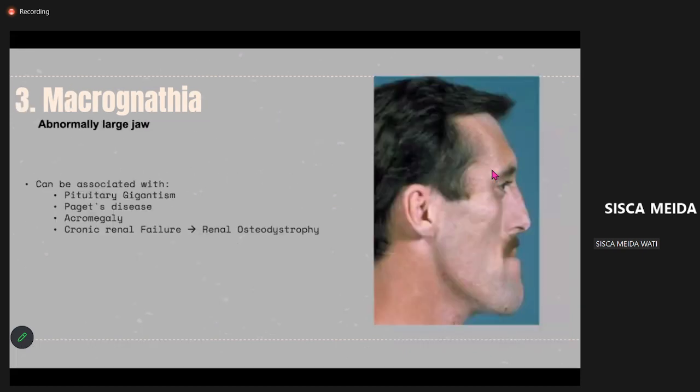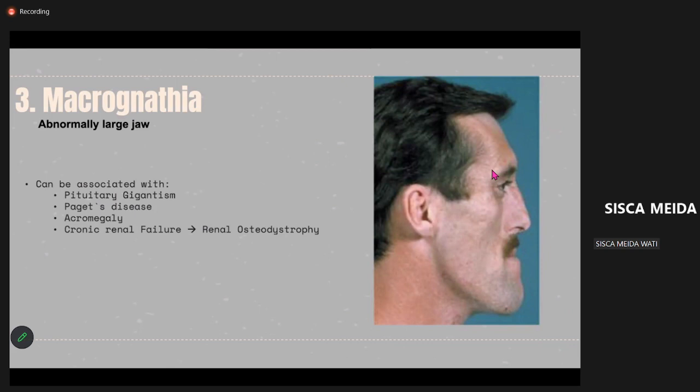The other abnormality or developmental disturbance in the jawbone is called macrognathia, the opposite of micrognathia, when you find an abnormally large jaw.